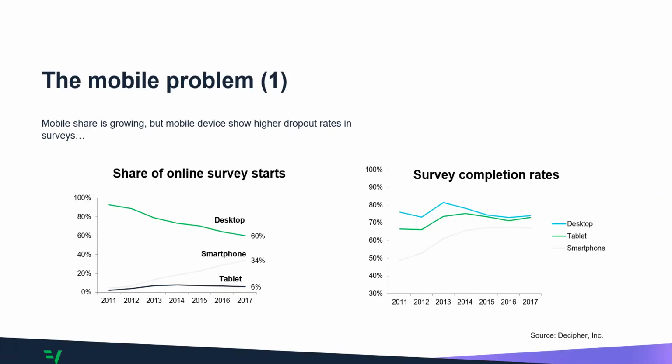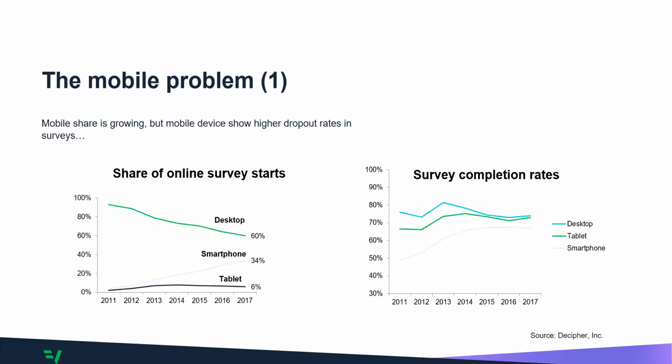And in the right chart, you can see what survey completion rates are for each of the three major devices. In 2013 and 2014, there was a pretty wide gap there. But completion rates for smartphones began to catch up shortly after that. A lot of that improvement had to do with the technology and more focus and attention being paid to mobile users and creating mobile-friendly surveys.